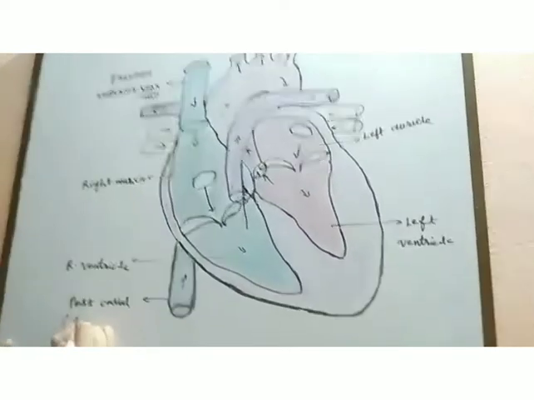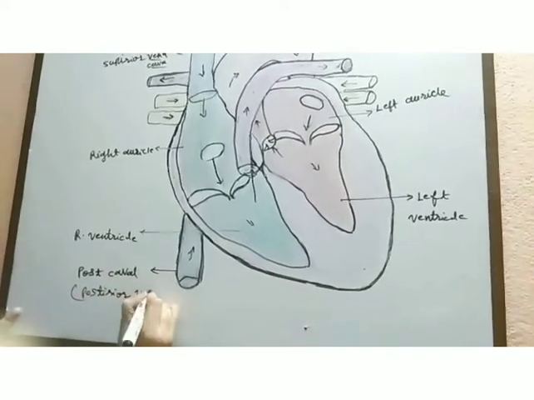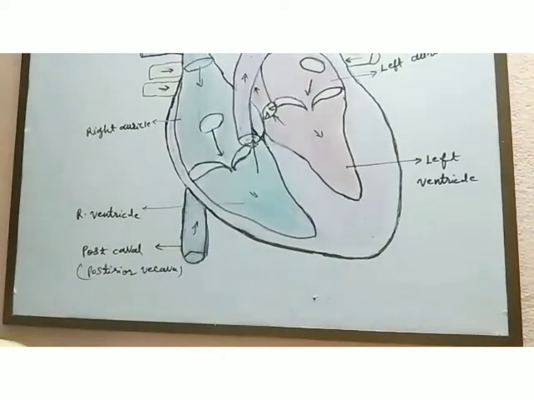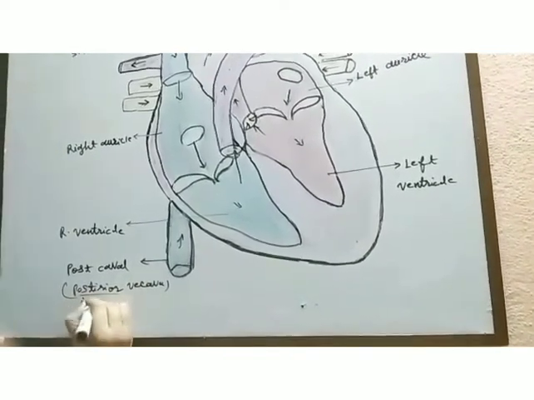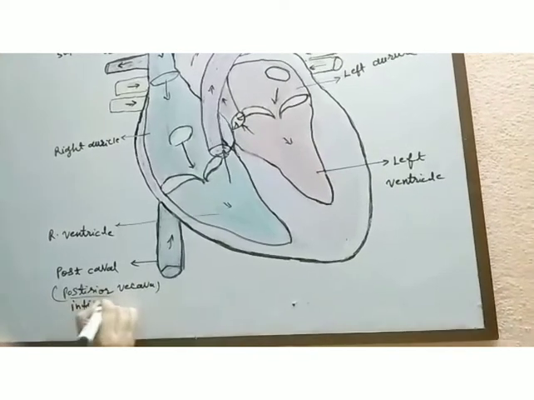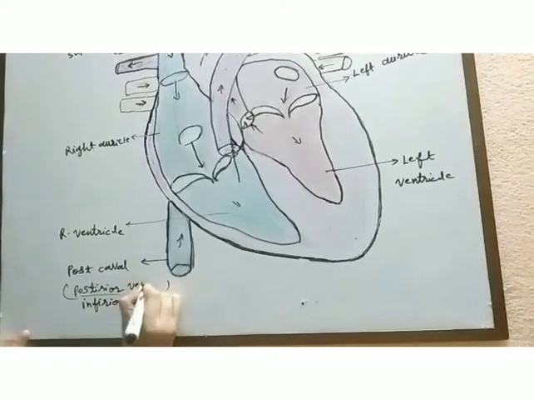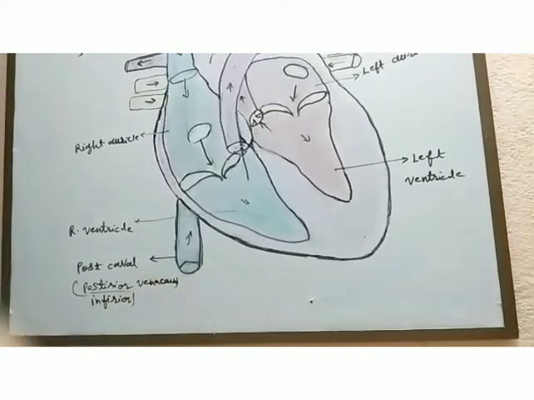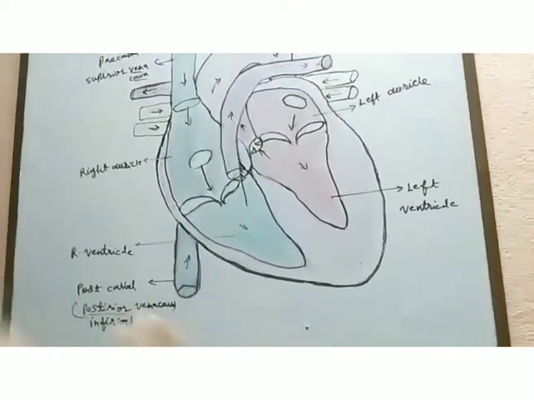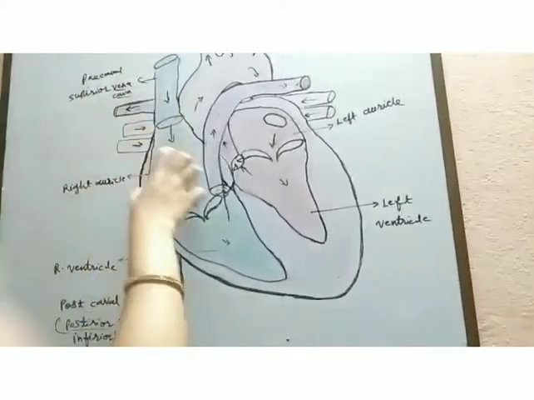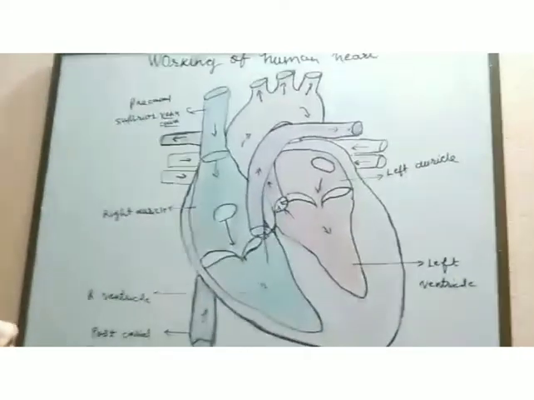This is the posterior vena cava, you can write posterior or inferior also, inferior vena cava. These two major veins of the body bring deoxygenated blood and pour it into the right part of the heart.